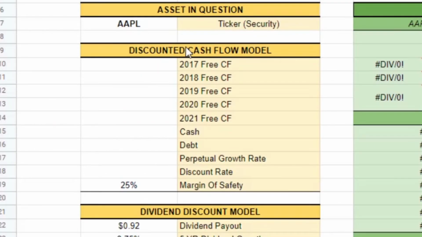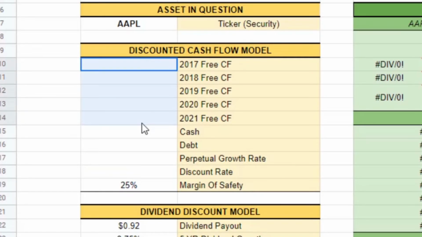Now coming over to the discounted cash flow model, it is a little bit more involved. First off, you have to find the free cash flow numbers of the previous 5 years, 2021, 2020, 2019, 18, and 17, and then find the total cash that Apple is holding, their total debt, a perpetual growth rate, and the discount rate that you would like to use, as well as a margin of safety.